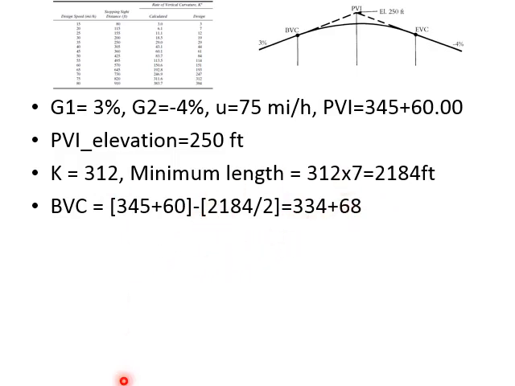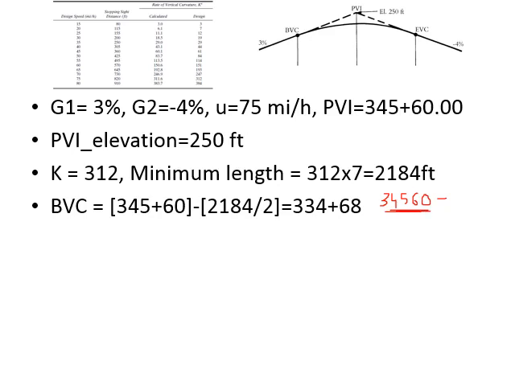Or you can simply do this. Instead of 345 plus 60, you write 345. So these are 345 times 100 feet, right? Because each station is 100 feet. So 345 means 34500, and then plus 60. So you write simply 60 with it, and then you can simply subtract. So now it has become distance.